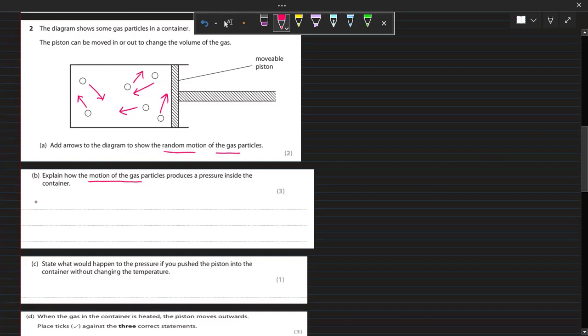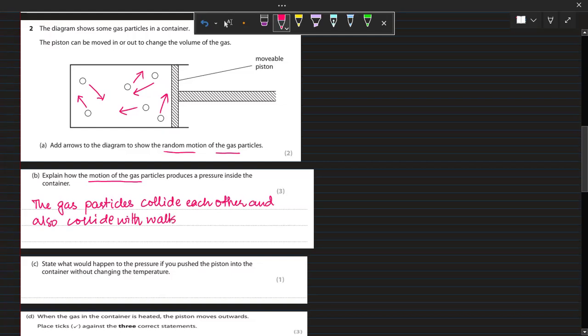So the gas particles collide with each other and also collide with the walls of the container.